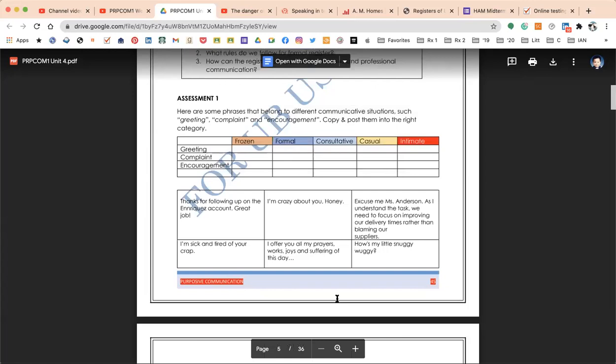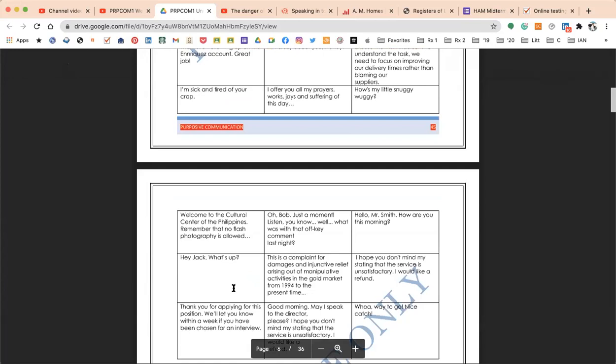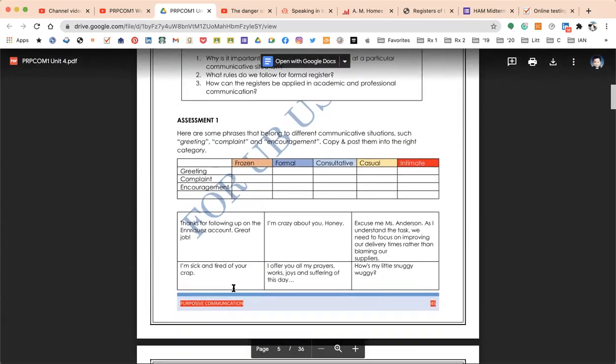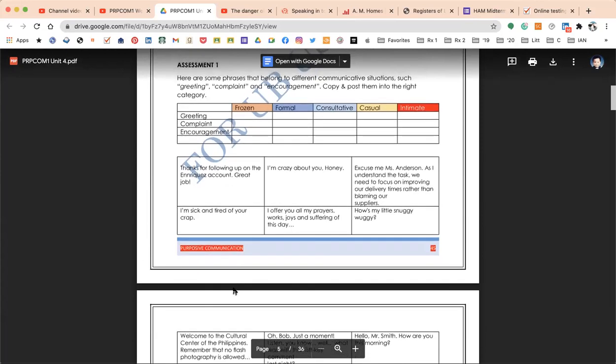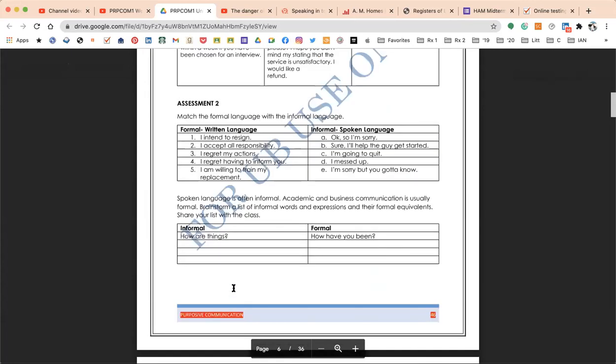It's not frozen, it's not intimate, it's not casual, it's not consultative, it is formal, and it is a complaint. So it's a formal complaint compared to I'm sick and tired of your crap. Okay, so those are some examples that you will be having in your examination. I'll be giving you a sentence or a dialogue and you tell me if it's frozen, formal, consultative, casual, or intimate. Okay.